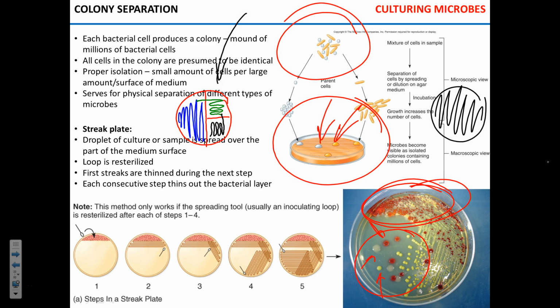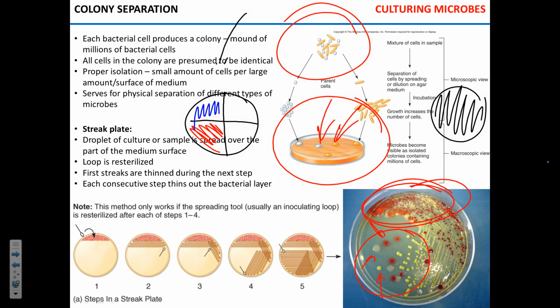And probably, since we want to sample as much as we can from the environment, it's really fun. What we're going to do, we're going to take the plate, split it in quarters, and then you're going to inoculate one sample here and thin it out here. So at least you can separate them, okay?